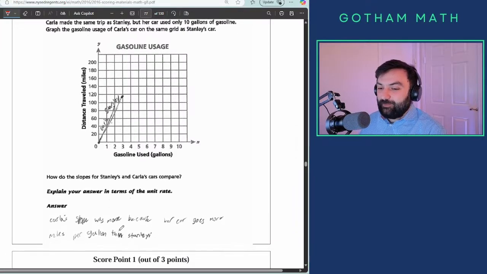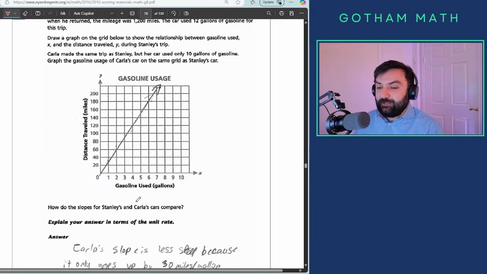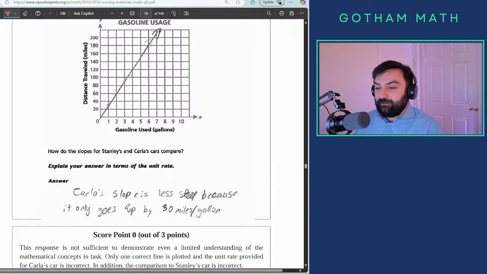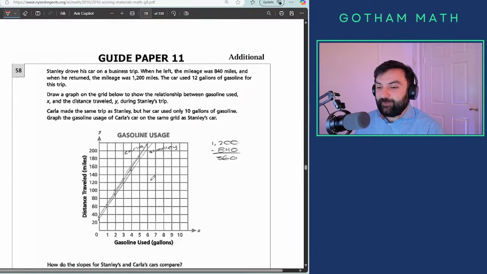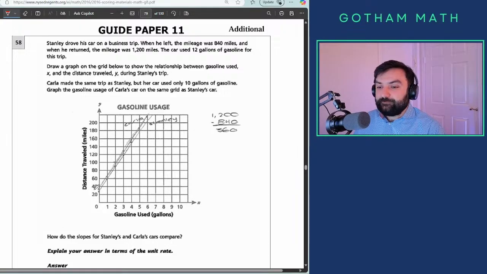Carla's slope was more because her car goes more miles per gallon than Stanley's. That's correct. Just write the numbers, man. That's incorrect. And just one line for both of them, also incorrect. Wow.